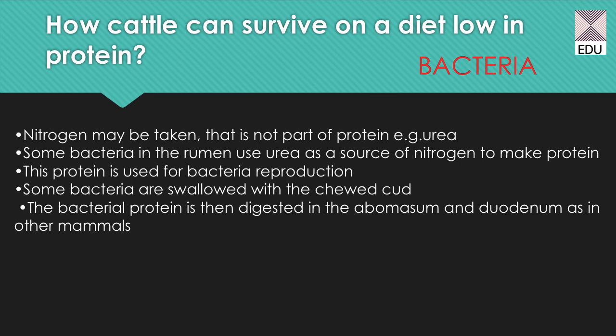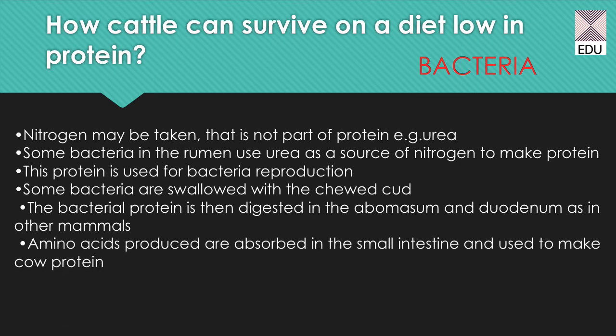When this protein reaches the abomasum, or the true stomach, it is digested over there. The amino acids which are produced from these bacterial proteins are absorbed in the small intestine and are used to make cow protein. So this is a very important aspect of mutualism.